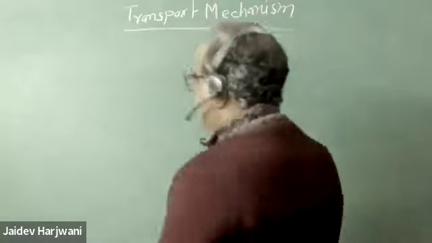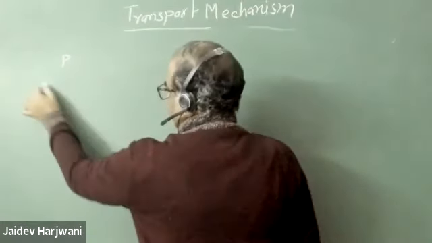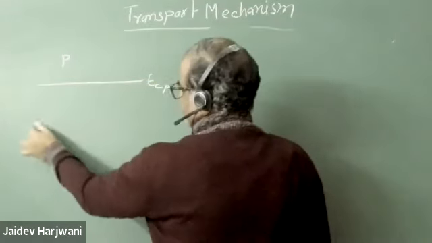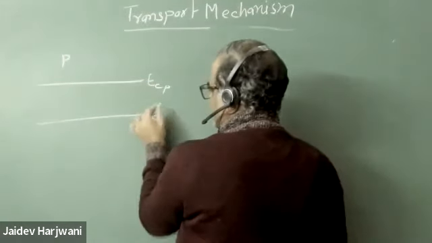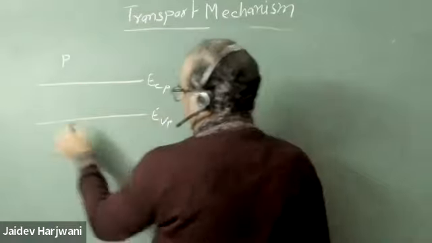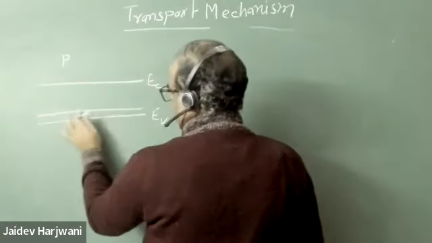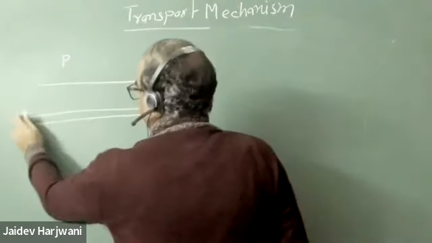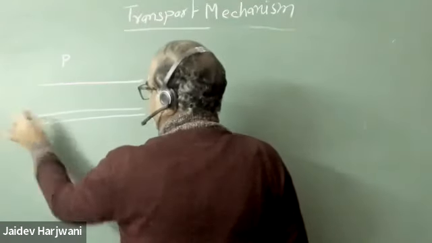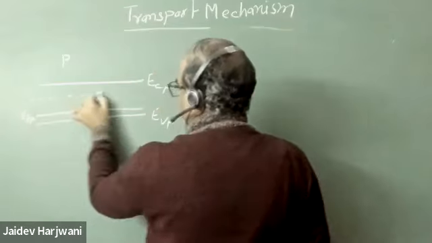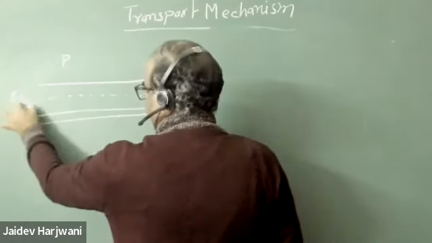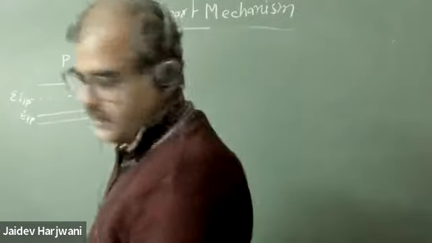Now see what happens at the energy scale. I have a p-type material, which has ECP and EVP, and somewhere the Fermi level of the p-type material, EFP, and here an intrinsic level, EFI.